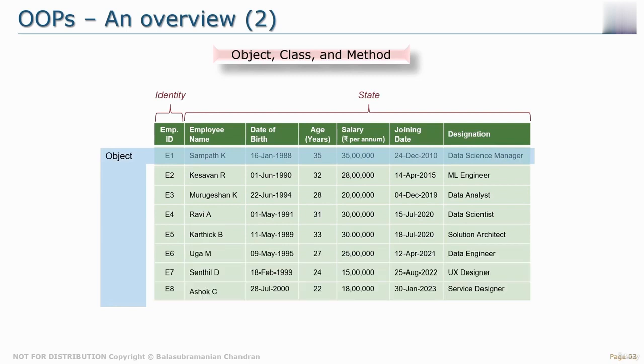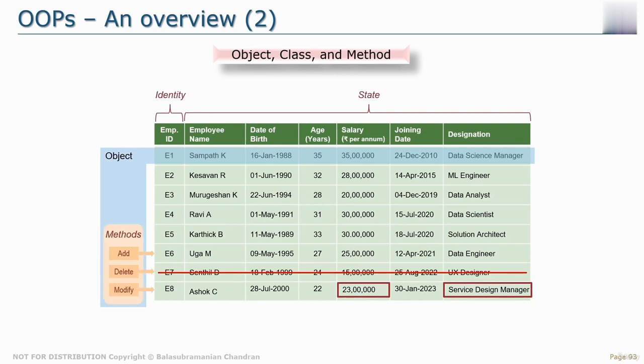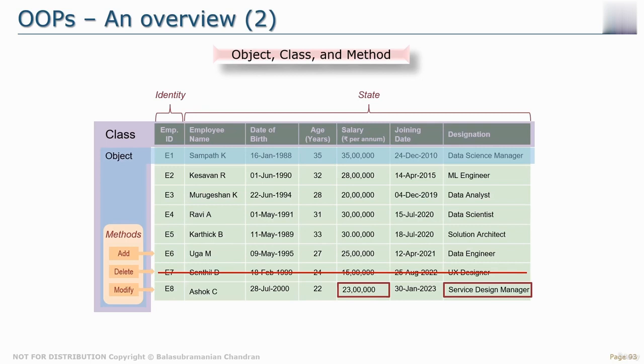Let's say we add a few more rows, delete a row, and modify some of the attributes. The actions such as add, delete, and modify are called methods. Class is equal to attributes plus methods. In other words, an object is an instance of a class.